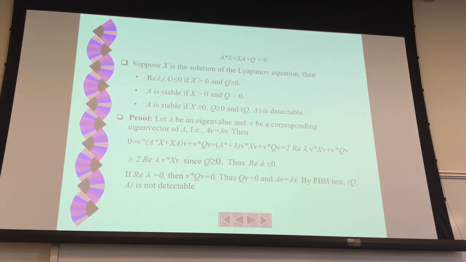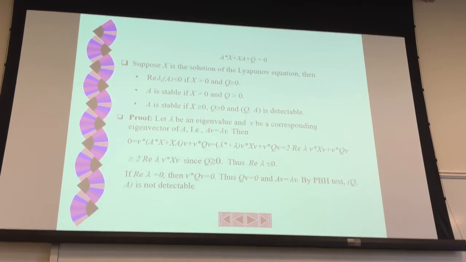But on the other hand, if the real part of lambda is 0, that means the eigenvalues live on the imaginary axis. Then you have Qv is 0 and Av is lambda v. If you do the PBH test, in this case you cannot detect. In other words, if I add detectability as a condition, we eliminate this case, so nothing will be on the imaginary axis.